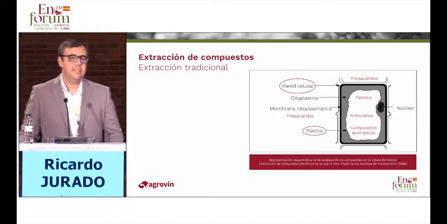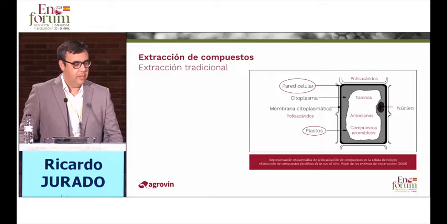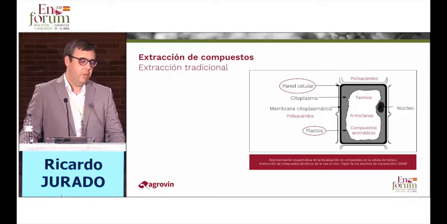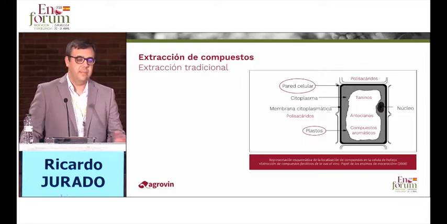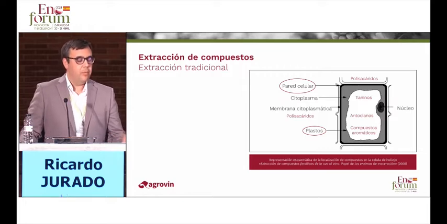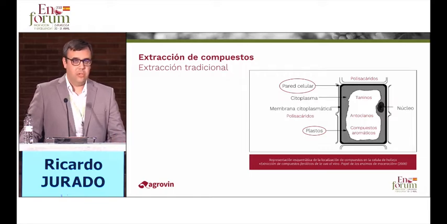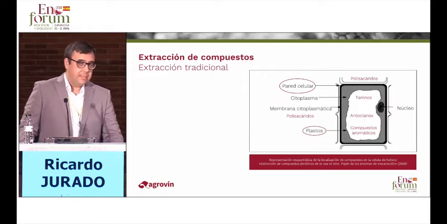But what interests us is the components that are in the plastid, those vesicles that are in the cytoplasm that we need to break. Breaking, obviously, first the cell wall to produce their extraction and thus release the polyphenolic compounds, the polysaccharide compounds that are in the wall, and even aromas.